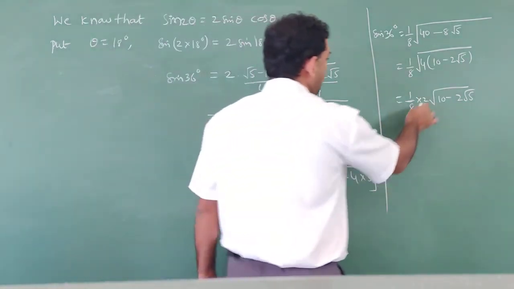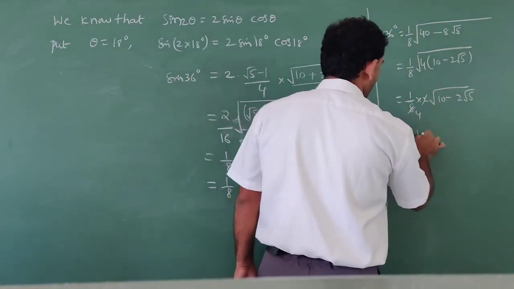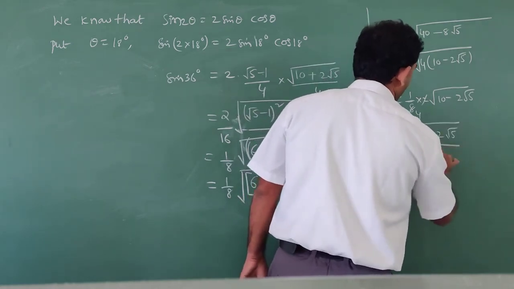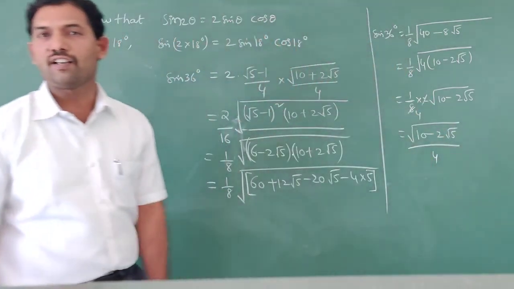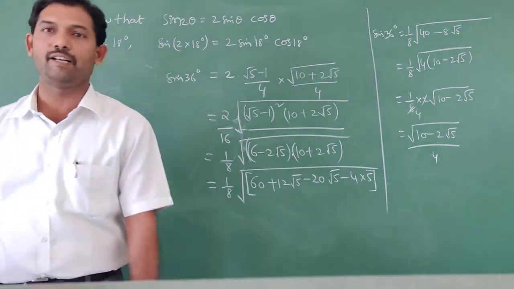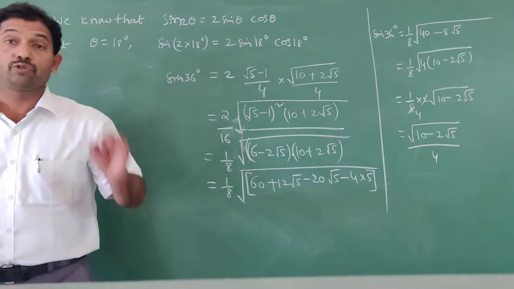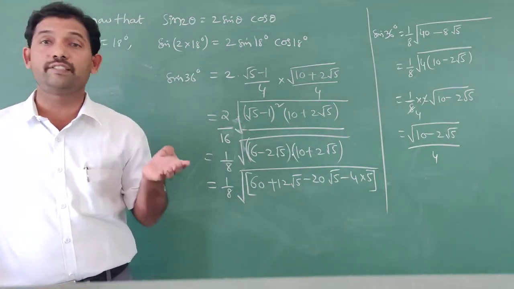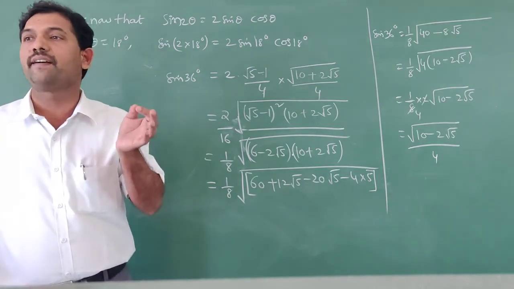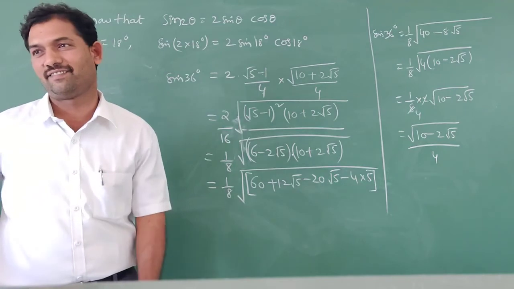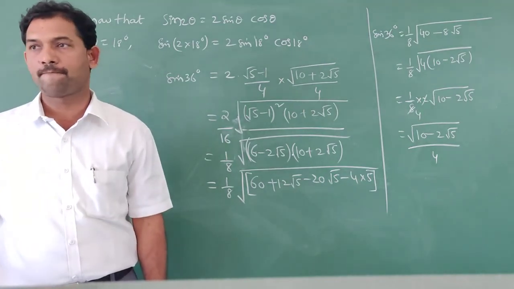So after simplification, 10 minus 2 root 5 under root divided by 4. That is sin 36 degrees value. So what do you know? Using theta is equal to 18, we simplified sin 18, cos 18, sin 36, cos 36. Note down first. Note down.